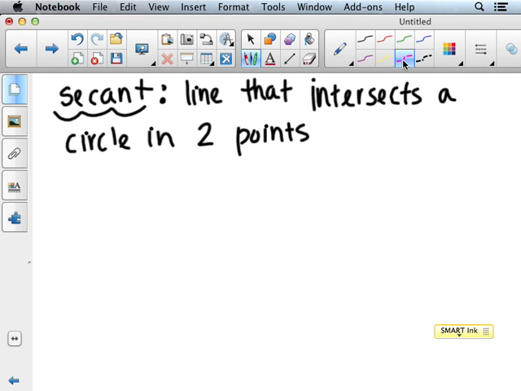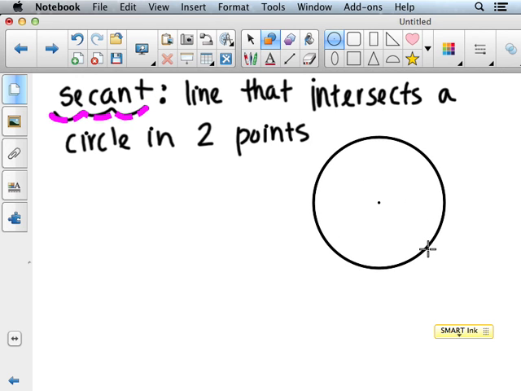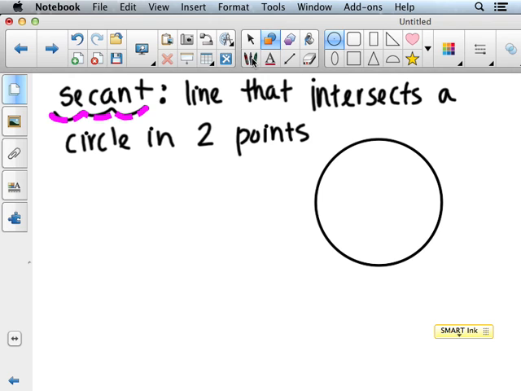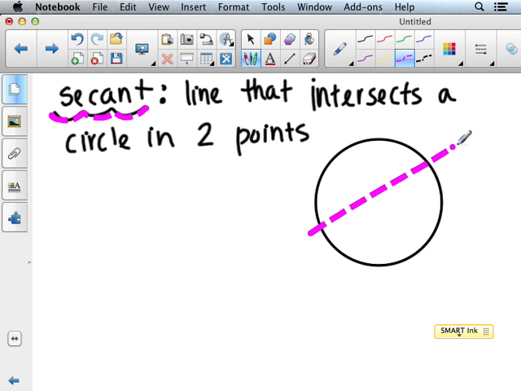I'll do that one in this little dotted pink. So here's my circle. Here is a secant. It's a line, and it intersects in 2 points. So that makes it a secant.